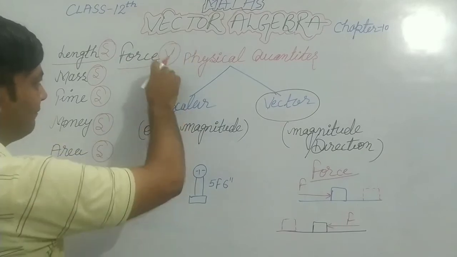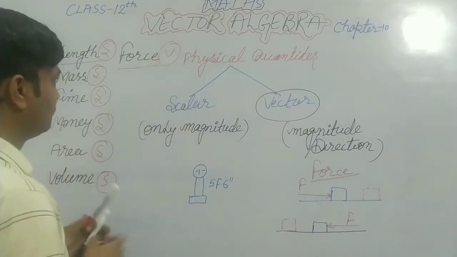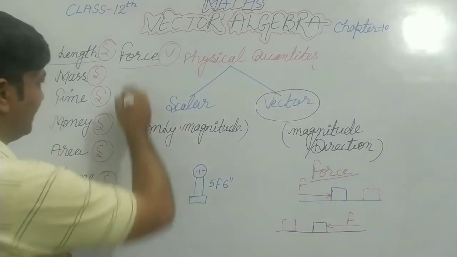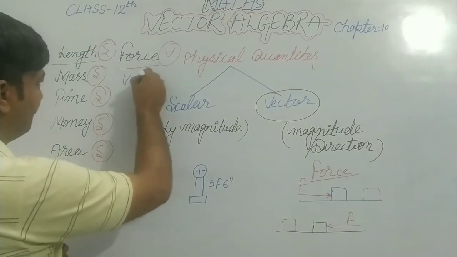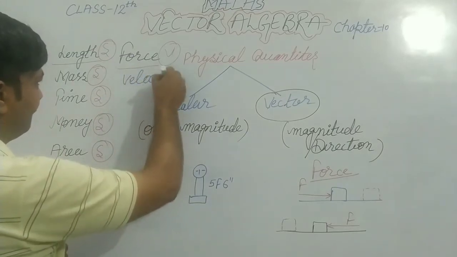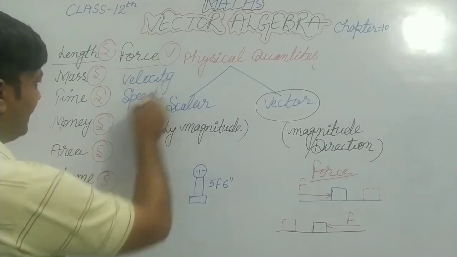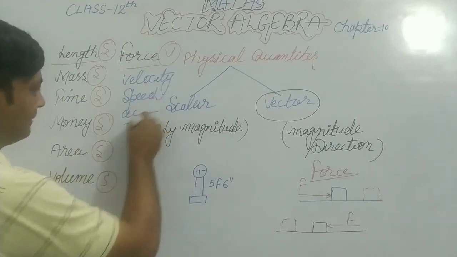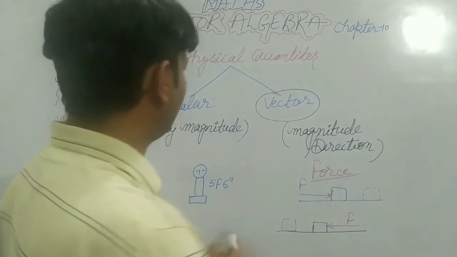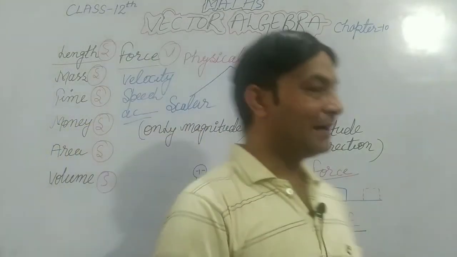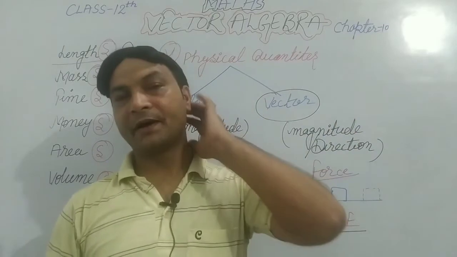Only one is a vector in this list. We can take more, like velocity, speed, acceleration, and more.